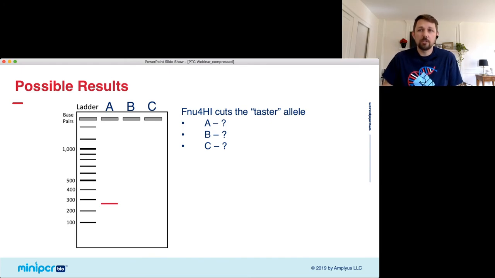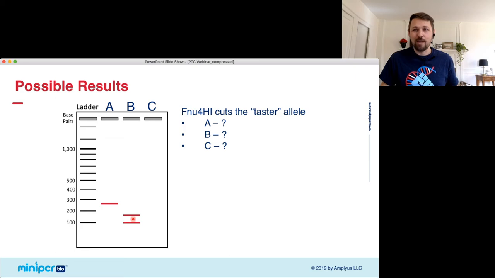So this is supposed to be showing you what it could look like after you've added the restriction enzyme. This one is still the same size as the PCR product. B, okay, so this one has two fragments, one at 100 base pairs and one at 150 base pairs, and that adds up to a total of 250.